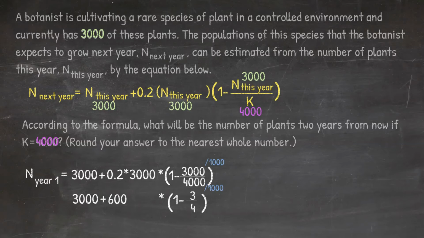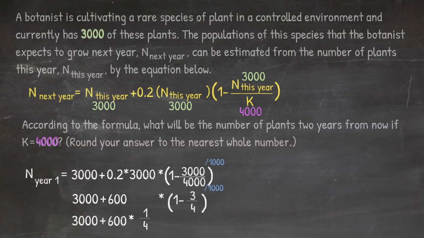At the next stage, we still have 3,000 plus 600 times, and 1 minus 3/4 equals 1/4. And it's rather simple, but if you're not very good with fractions, then you should know that 1 is the same as 4 divided by 4. And 4 over 4 minus 3 over 4 equals 1 over 4.